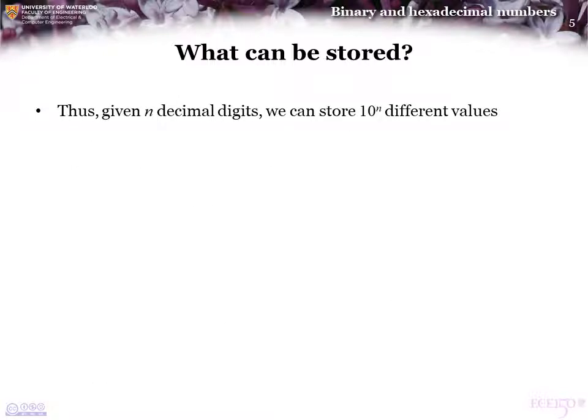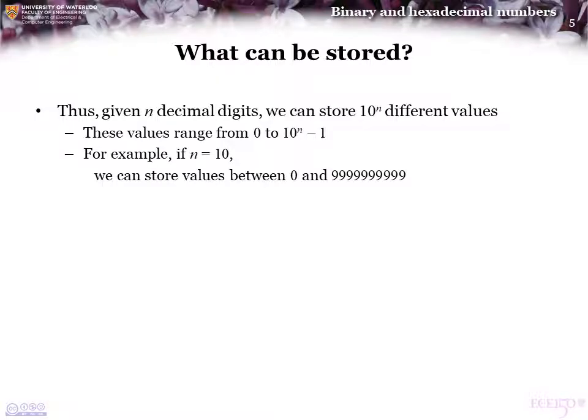Thus, given n decimal digits, it makes sense that we can store 10 to the n different values. And these values are going to range from 0 to 10 to the n minus 1. For example, if n is equal to 10, we could store values between 0 and 9,999,999,999. Given n bits, we can therefore store 2 to the n different values using these n bits.